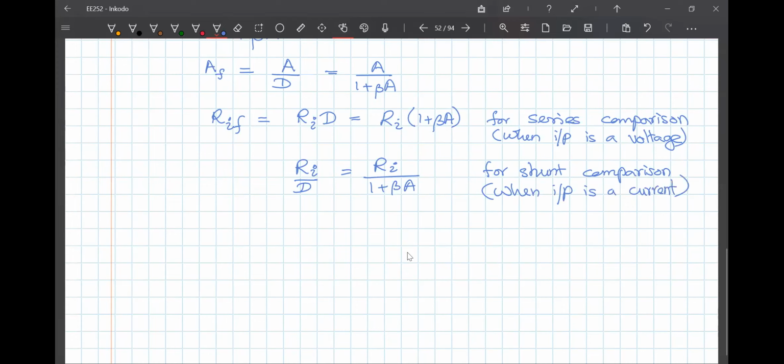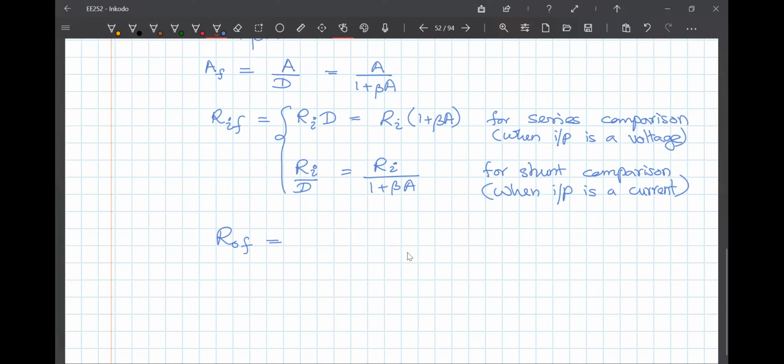So these are desirable changes of the input impedance. For voltage inputs, we want the input impedance to be very high, so it increases, whereas for current inputs we want the input impedance to be very low, so feedback actually reduces it. So this is desirable.